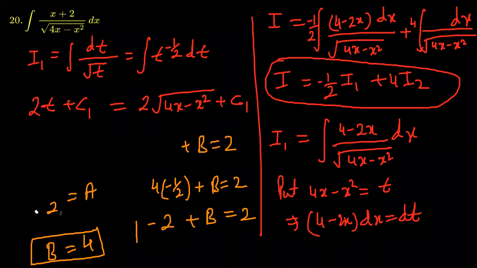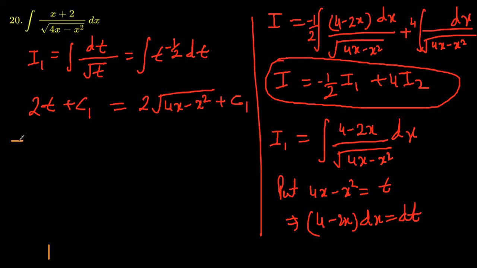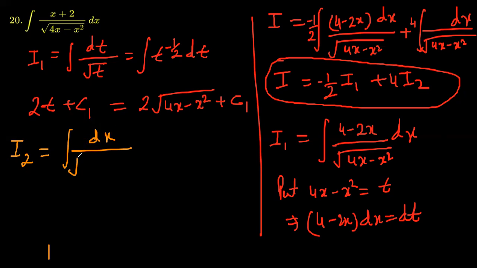Now we'll find I2 also, and finally put the values of I1, I2 in this equation. So to find I2, let's write I2 is equal to the integration of dx over the square root. We have this quadratic and the coefficient of x squared is negative. You see that? So we want to take that negative sign common, then it becomes x squared minus 4x.